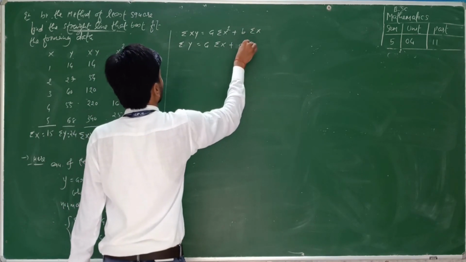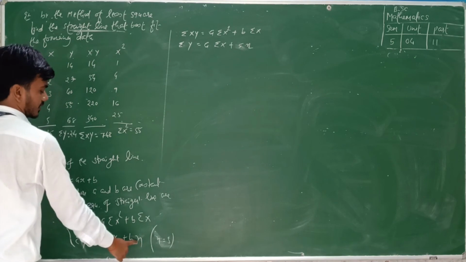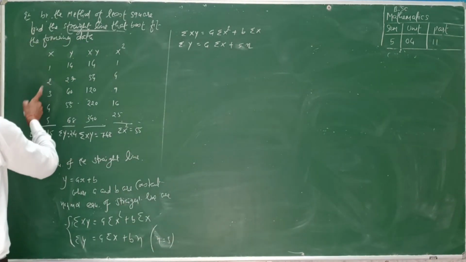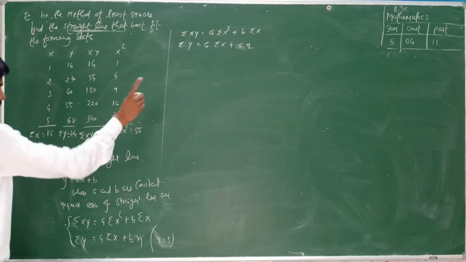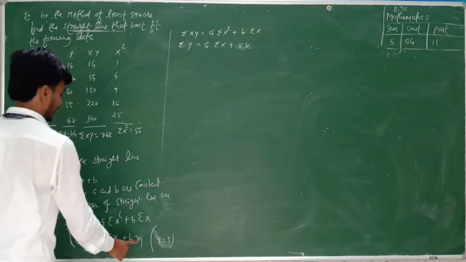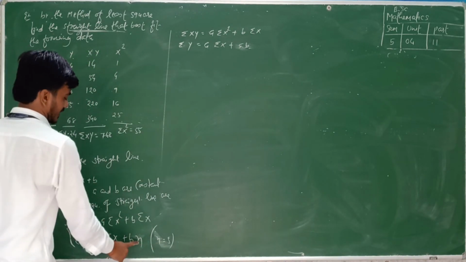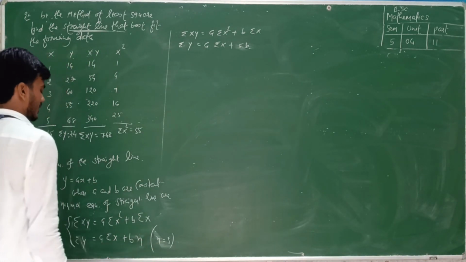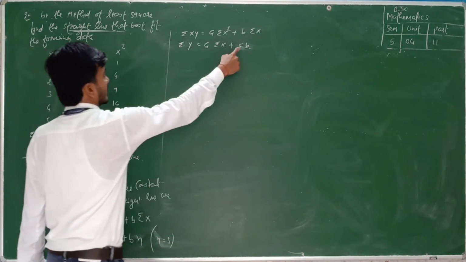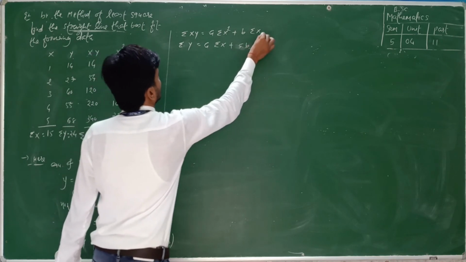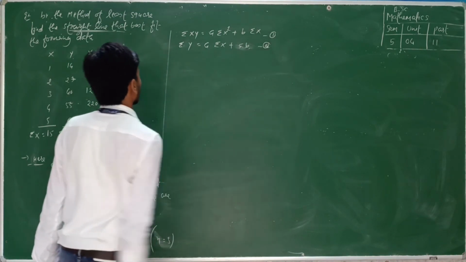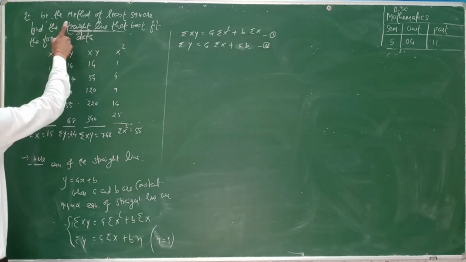We can replace n with 5, because the number of observations here is 5. These are equation number 1 and equation number 2, and we find the best-fit straight line.